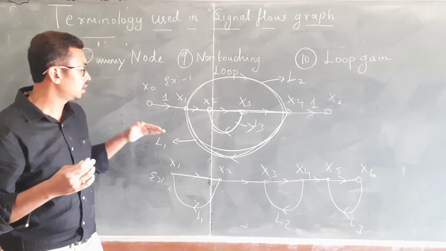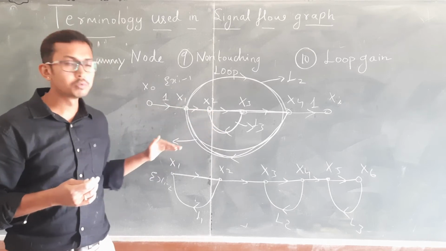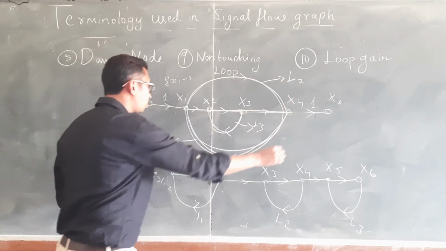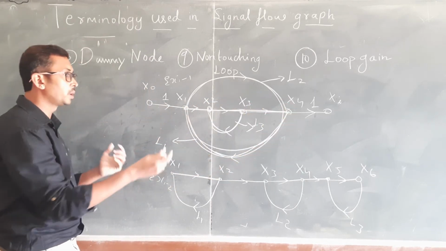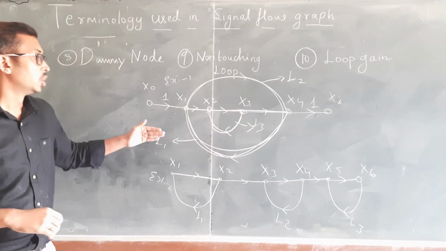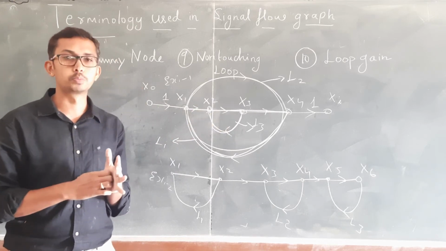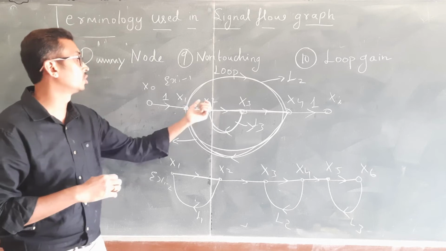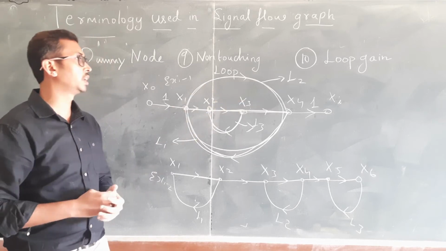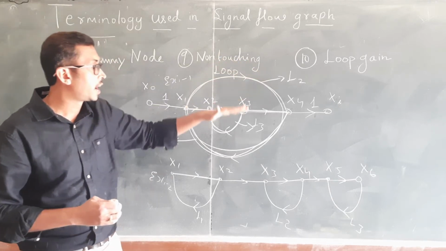Now let us consider loop 1 and loop 3. Loop 1 is x1, x2, x3, x4 and back to x1. Loop 3 is x2, x3 and back to x2. Once again, loop 1 and loop 3 are touching loops, because they share the common nodes x2 and x3. Now let us take another combination, L2 and L3.